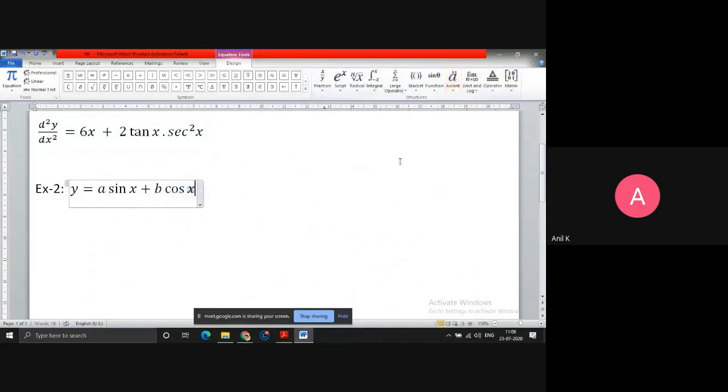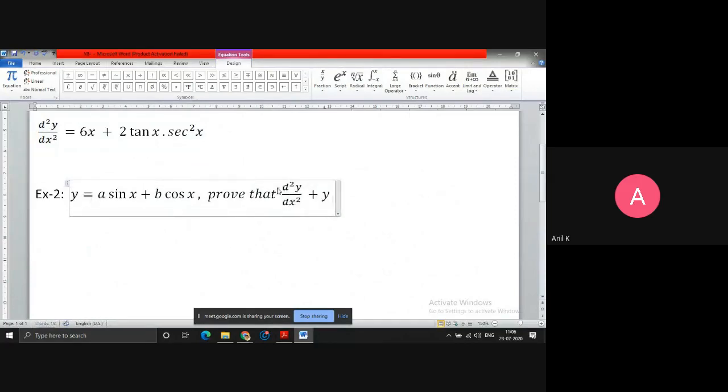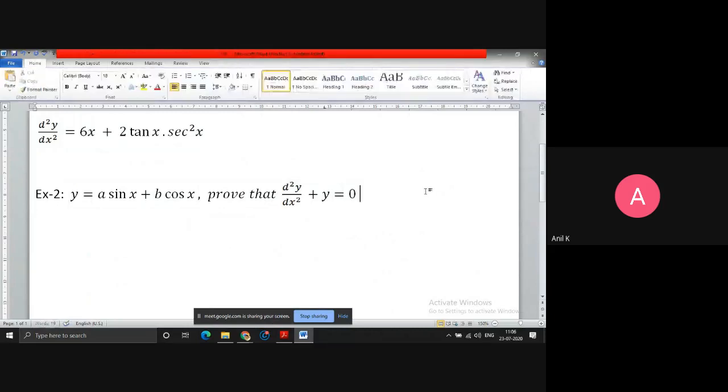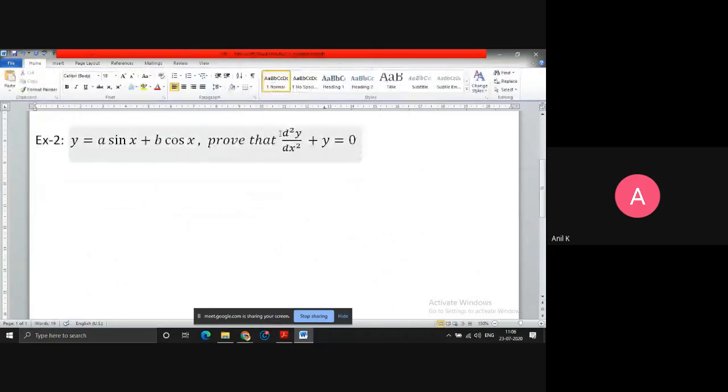Then what you have to prove is that d square y by dx square plus y equals 0. This is what you have to prove. That means the second order derivative plus the given function y, if I add both, the answer will be 0.